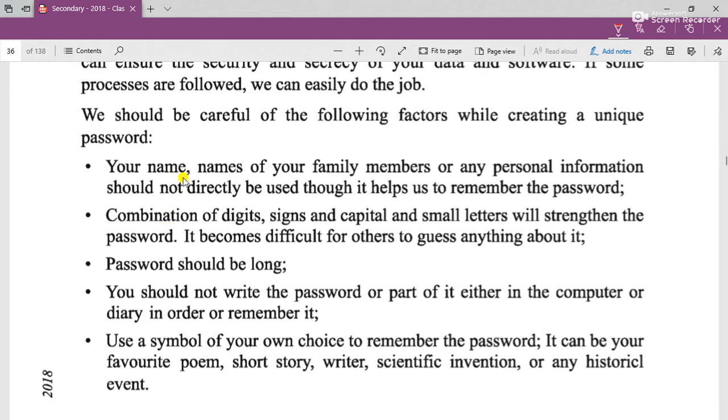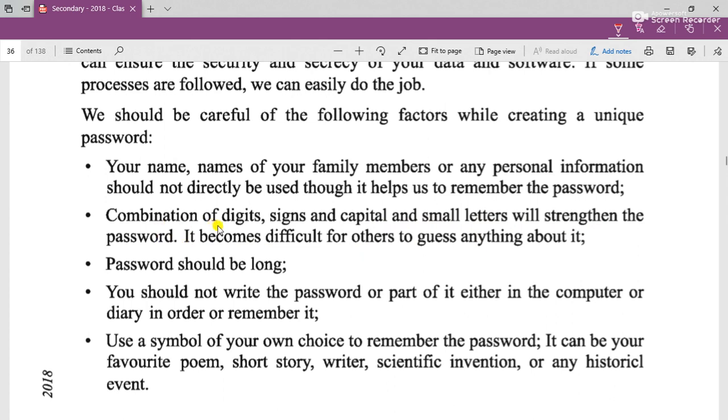Your name, names of your family members, or any personal information should not directly be used, though it helps us to remember the password. A combination of digits, signs, and capital and small letters will strengthen the password.